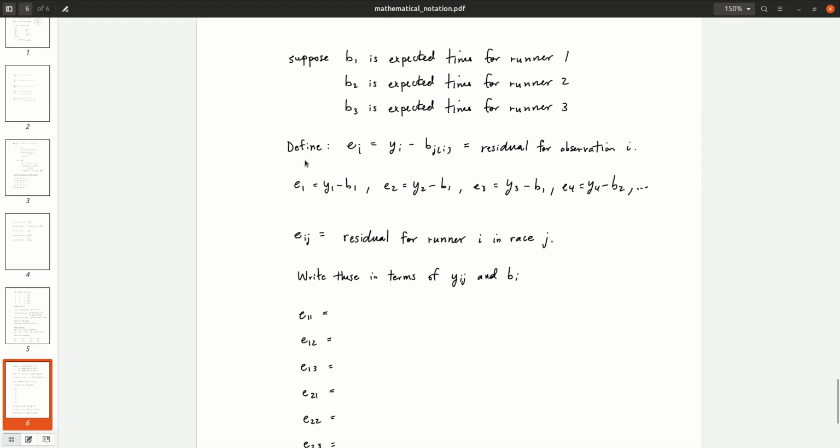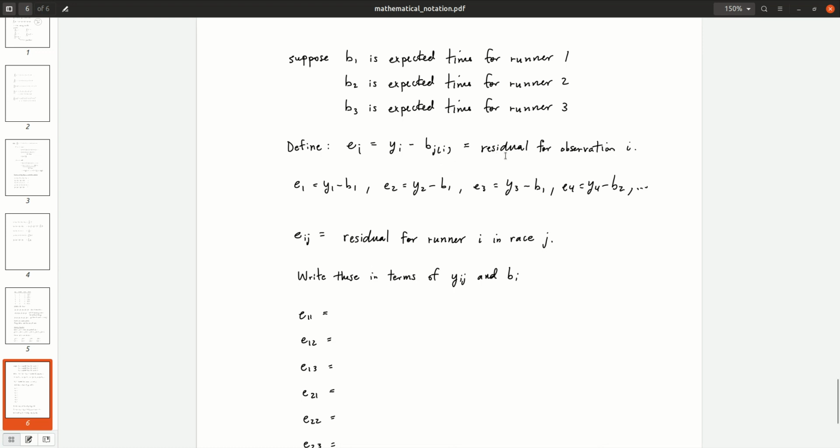And what we're going to do is define something called the residual. Here, I'm going to use the symbol E, and E sub I is the ith residual. We'll define that as the ith observation minus its expected time. So the ith time minus its expected time is the residual.